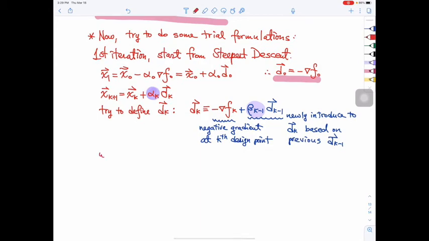We have a wish. We wish every dk is following Q orthogonal. Actually, H orthogonal, because H is our Q. This is what we wish, but we don't know yet. We know if they are H orthogonal, eventually you can find your optimal solution.